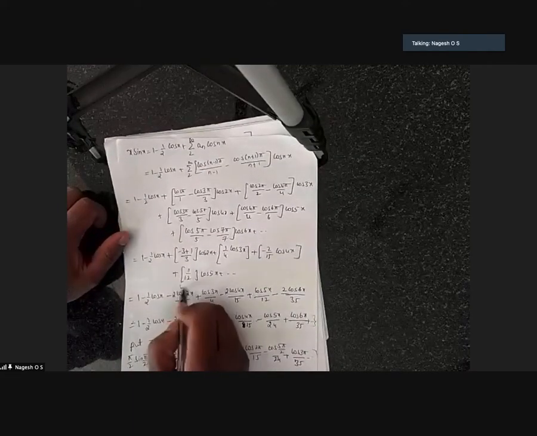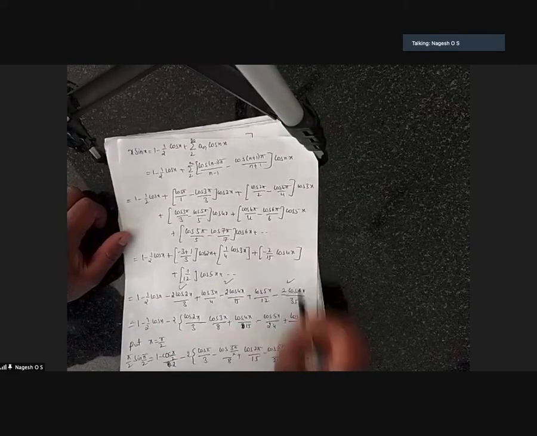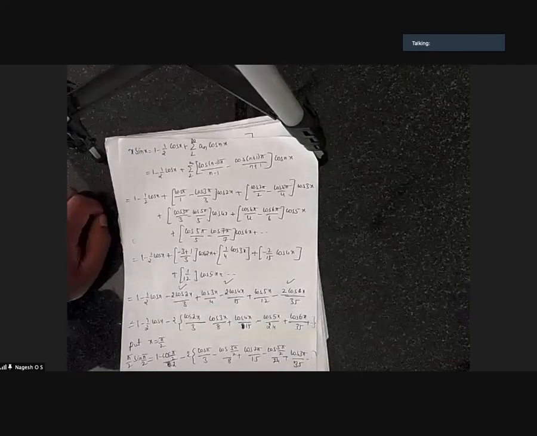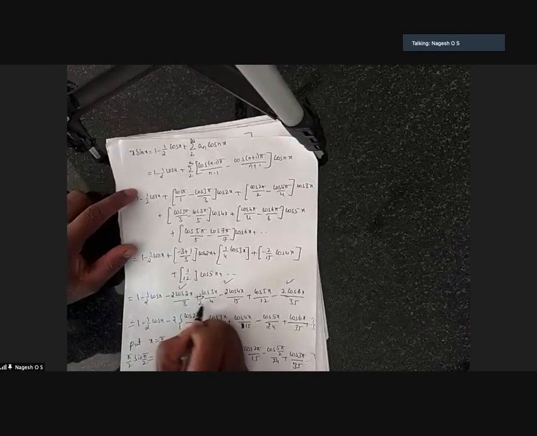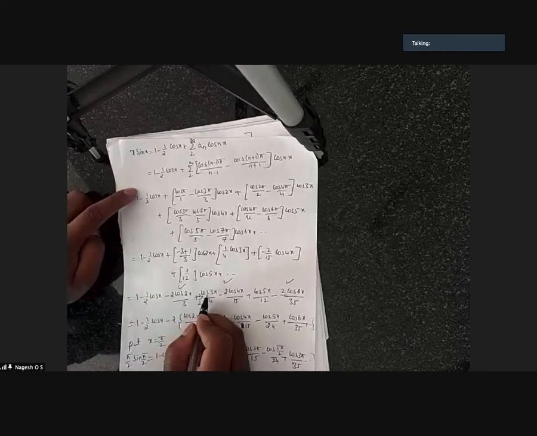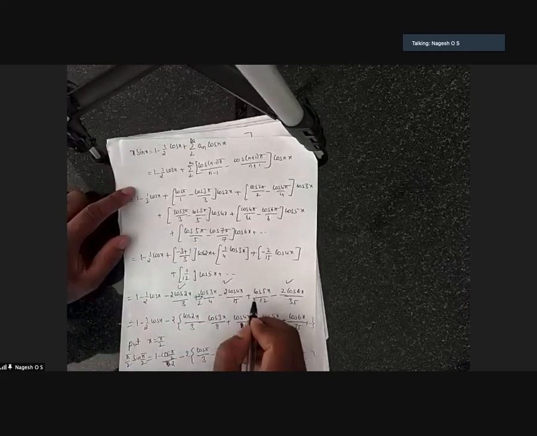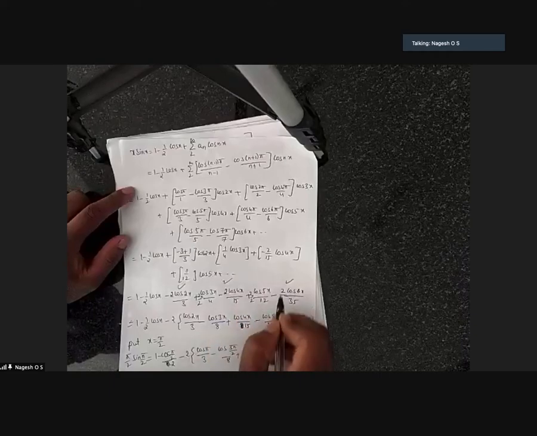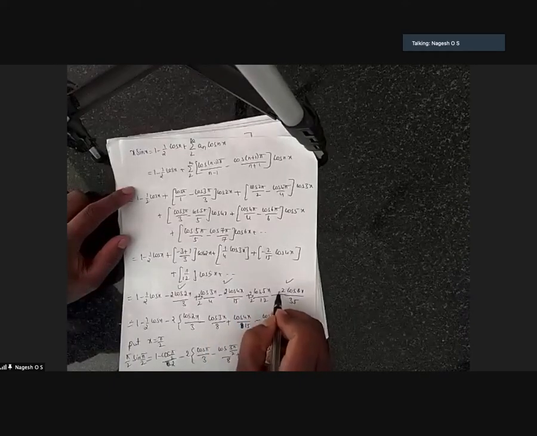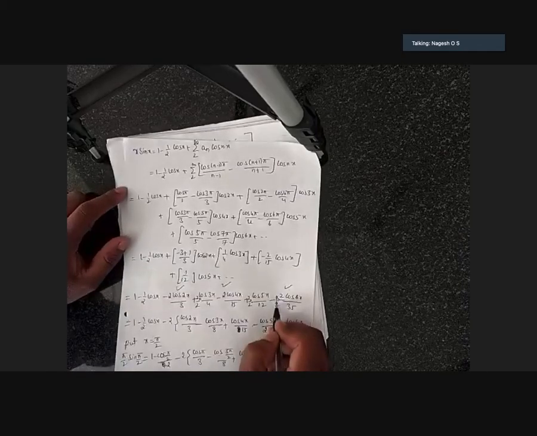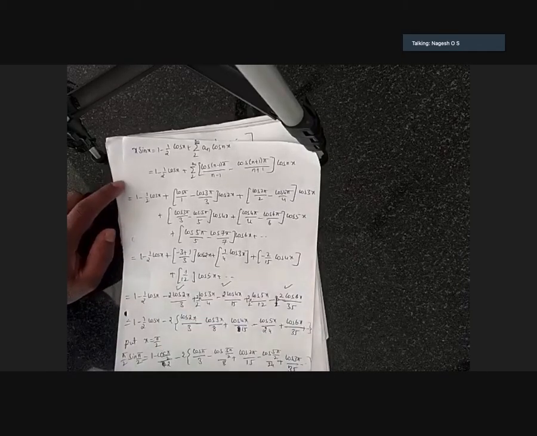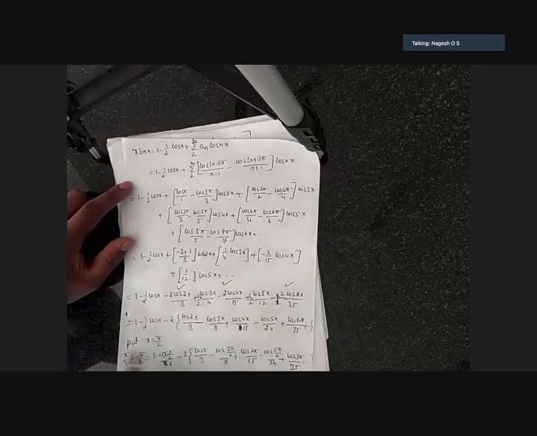Next, from this and this minus 2 is there. Okay, take that minus 2 outside. For this, multiply by 2 and divide by 2. For here also multiply by 2 divided by 2. For here also multiply by 2 divided by 2. Sorry, not for this, this for this. Take 2 common.